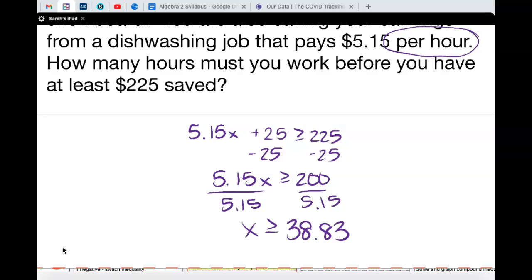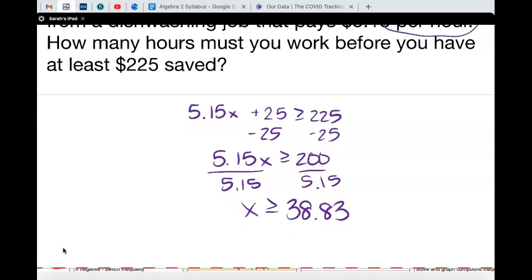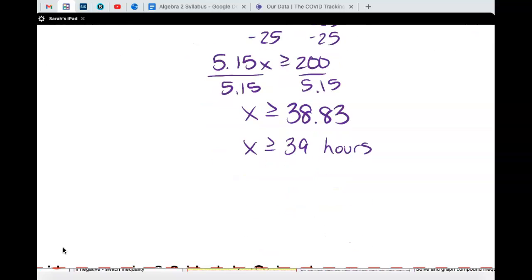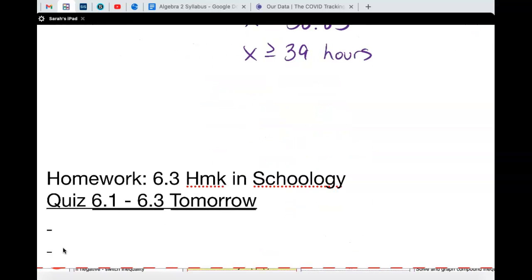So typically you don't work like 0.83 hours. So should we be rounding up or rounding down? Even if it's like 38.1, you should round up to the whole hour, so that way you're not like 50 cents short. Okay, so yeah. x is greater than or equal to 39 hours. Too bad you weren't earning more money for your job, but you're not.